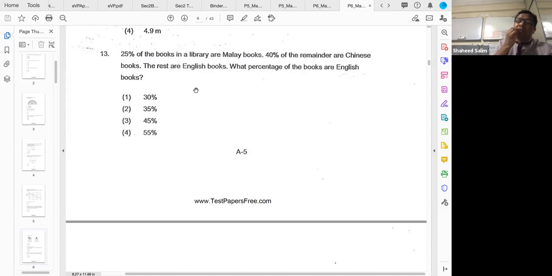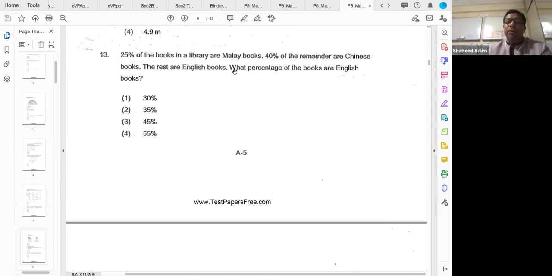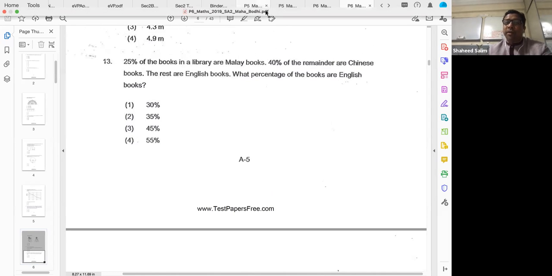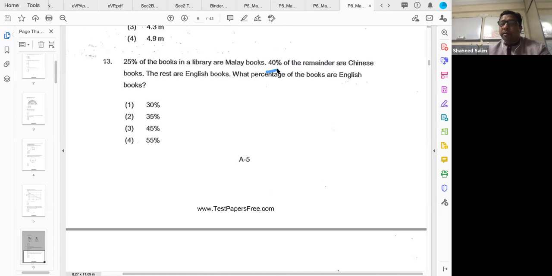Hey, very easy lah. Akil, you can do it mentally. But the one part down here, you gotta check. I don't think it's correct. Let's see, it's 40% of the remainder.